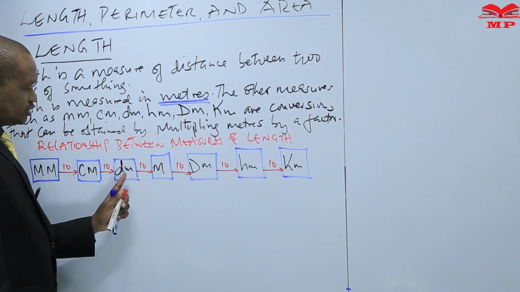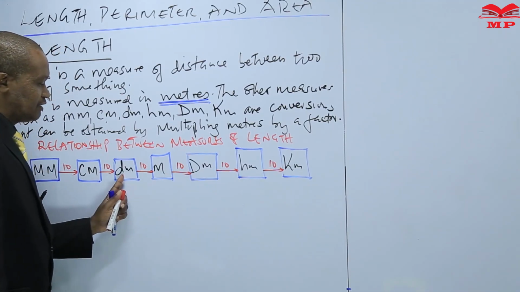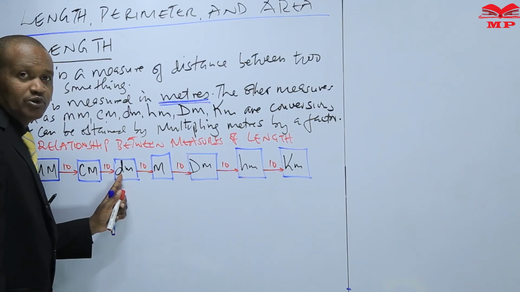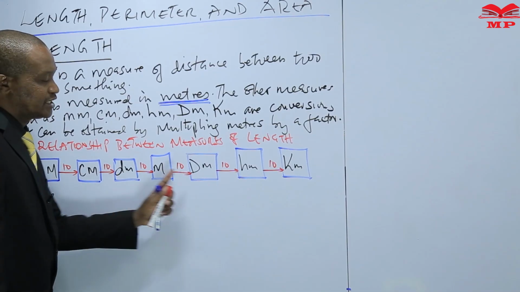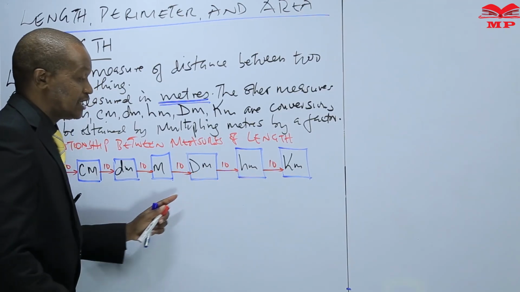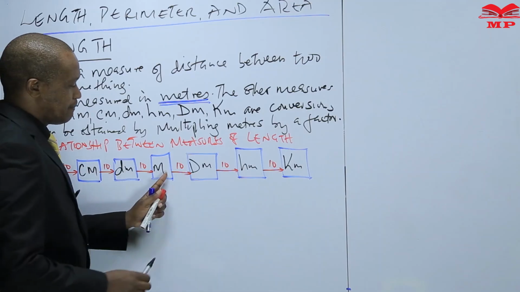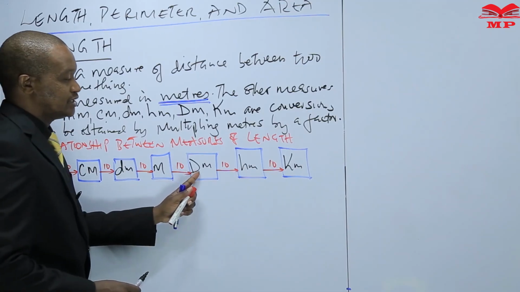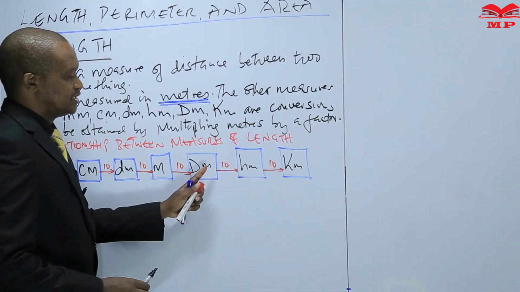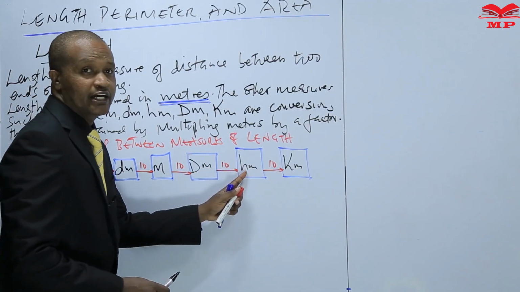The difference between decimeter and decameter is that the first one is a decimeter and the d is a small letter. The second one is decameter, and the D is a capital letter. So 10 meters is equal to 1 decameter. And 10 decameters is equal to 1 hectometer.